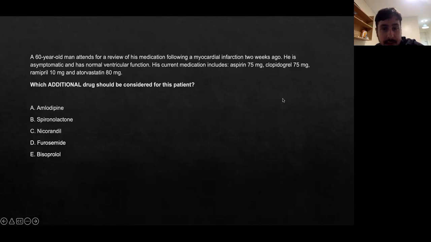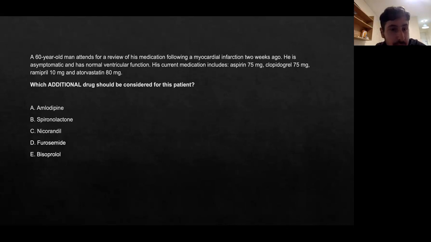Next question, and this is something that will come up in GP because they tend to be in charge of this stuff. So a 6-year-old man attends for a review of his medication following an MI 2 weeks ago. He's asymptomatic, has normal ventricular function, and his medications include aspirin, clopidogrel, ramipril, atorvastatin.